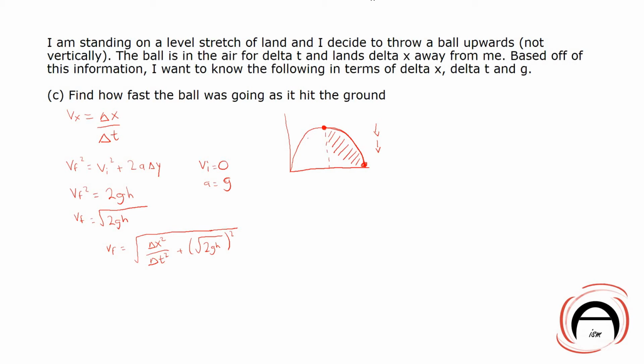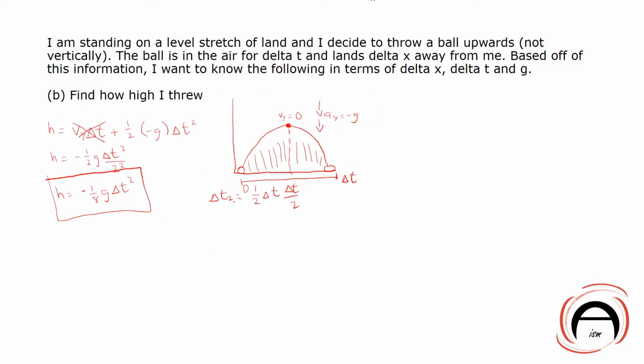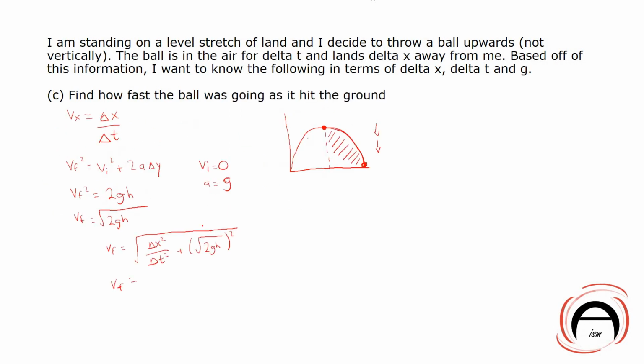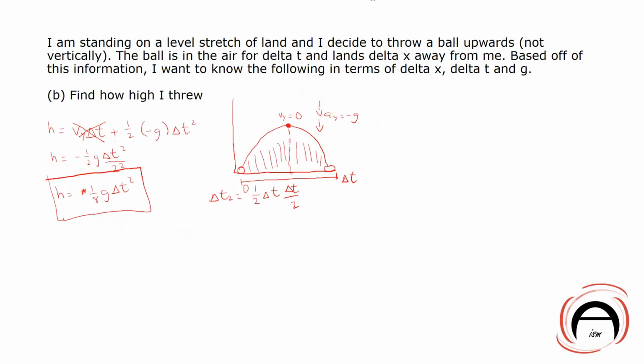Finding that, you can see that vf, plugging in our h from our previous problem. Actually, this isn't going to be negative because you can't really have negative height. After plugging that in, the answer to this second one is just going to be 1/8 g delta t squared.